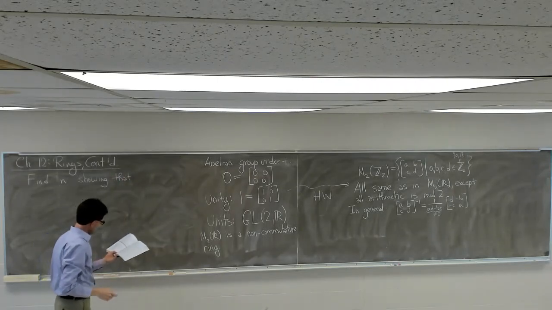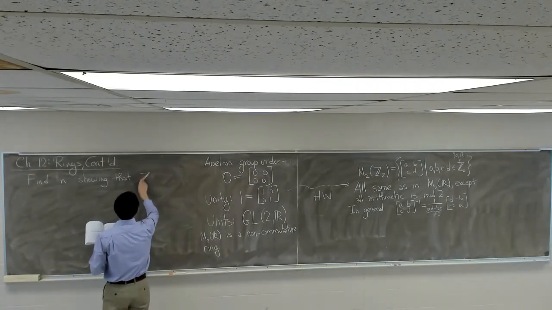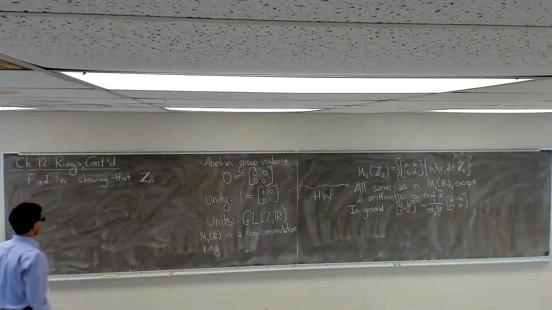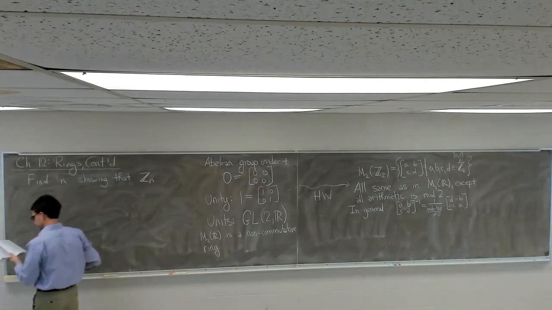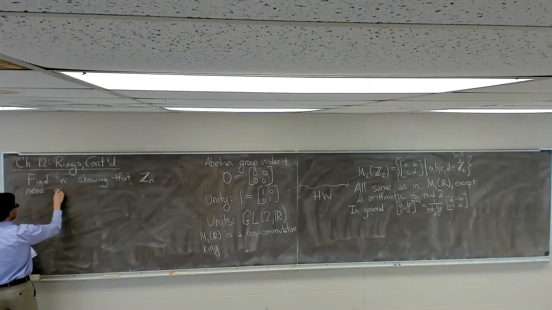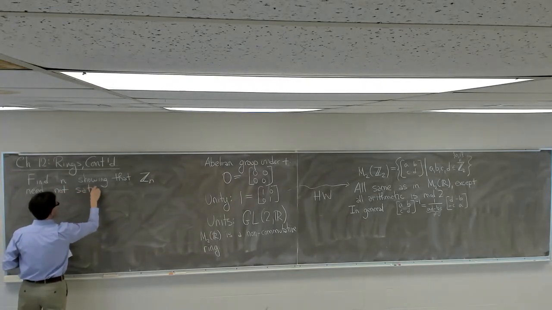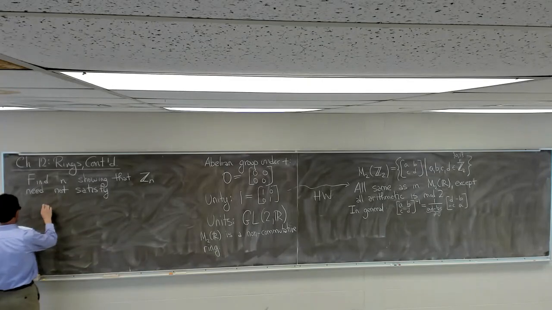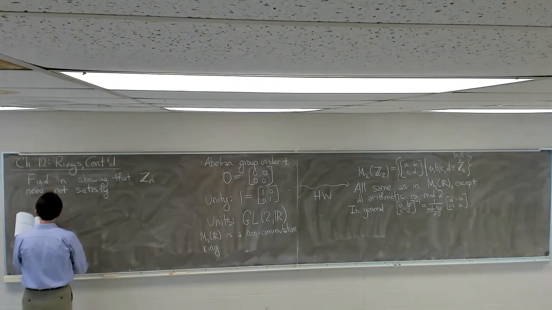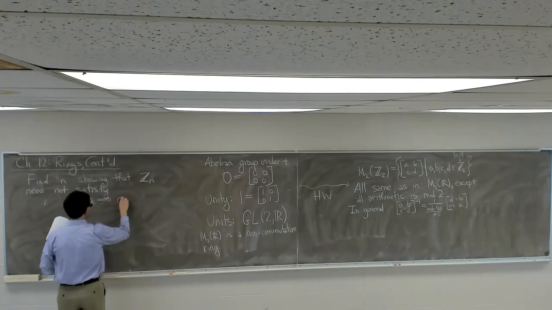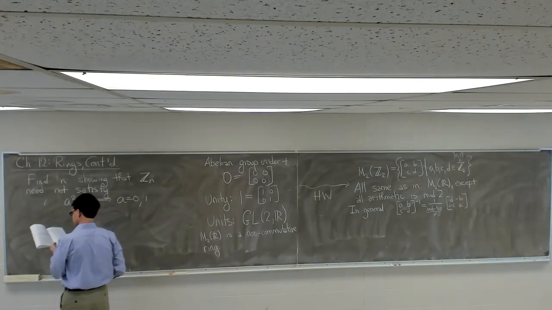All right, so here the question is asking for an integer n showing that this ring, so the integers mod n, with operations addition and multiplication mod n, need not satisfy the following properties. All right, so 1 here, a squared is equal to a implies that a is equal to 0 or 1.